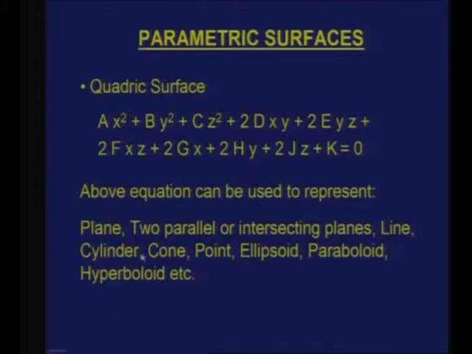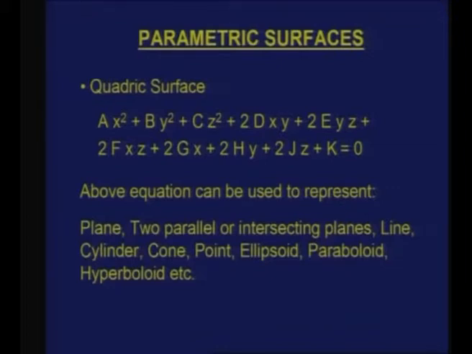If I have an equation like this, what you are seeing in this equation is that you have all the terms up to a degree of 2. So, if x, y, z are the Cartesian system, then you have terms like x square, y square and z square. I have terms like x y, y z and z x. I also have x term, y term and z term and constant term.